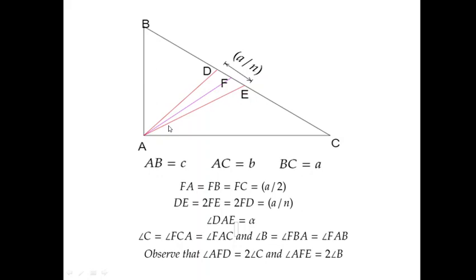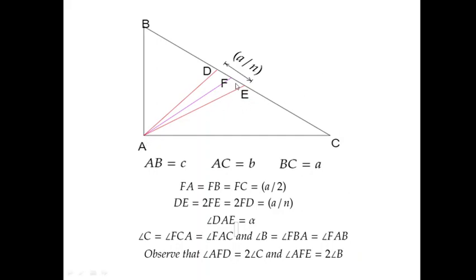You will observe that in triangle AFC, the exterior angle AFB is angle C plus angle C, that is 2 angle C. Similarly, AFC is twice angle B. Please examine this one, I am repeating once again.